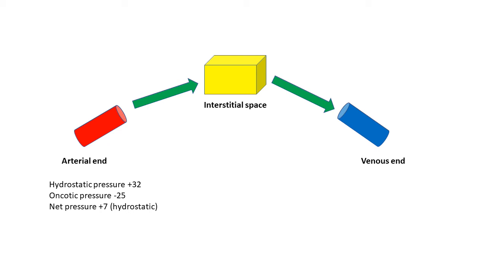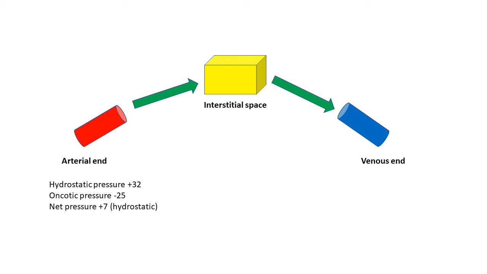I already told you hydrostatic pressure is positive and the oncotic pressure is negative. So the net pressure at the arteriolar end is 32 minus 25, that is 7 millimeter of mercury positive, because here hydrostatic pressure is high.